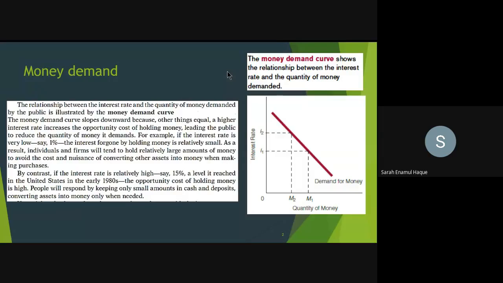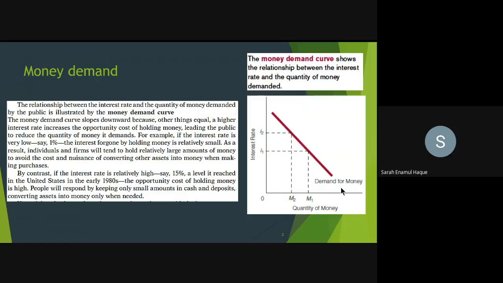If you consider money to be a good or service, you can also draw the money demand curve and the money supply curve. It's possible. So let us see what the axes are, what the independent and dependent variables are in this case. The money demand curve shows the relationship between the interest rate and the quantity of money demanded.